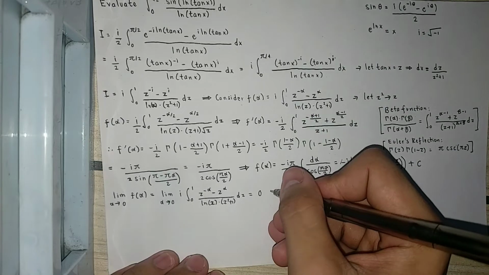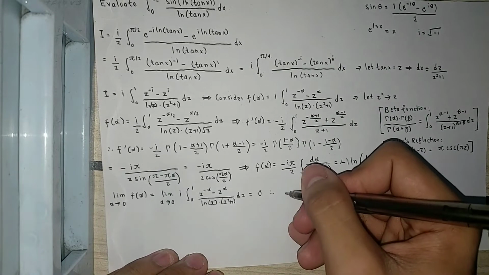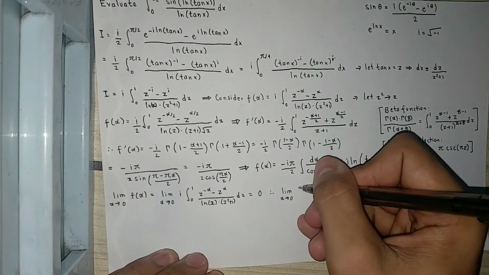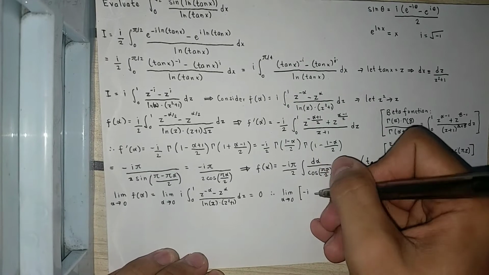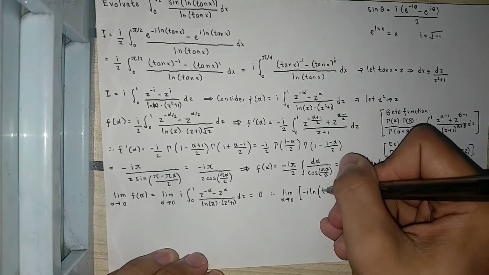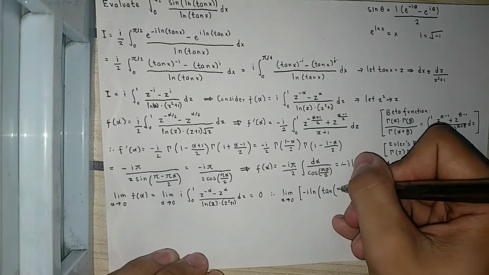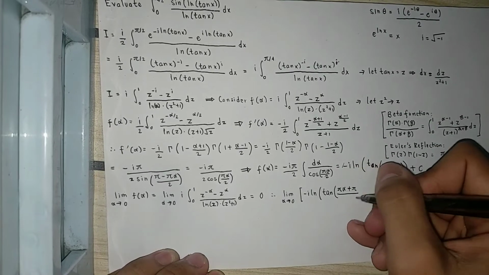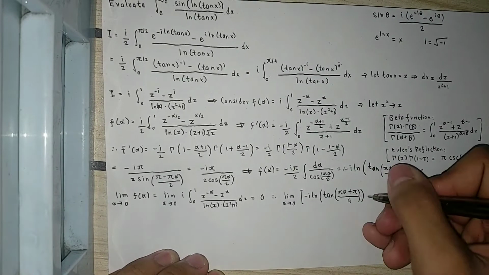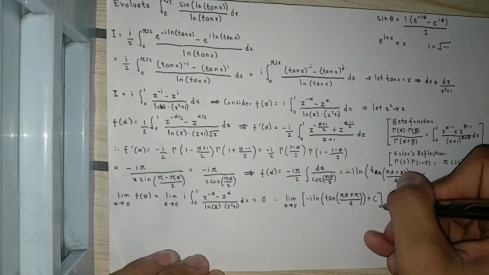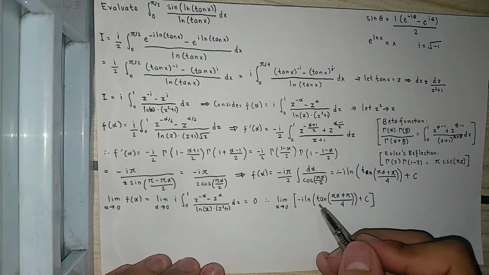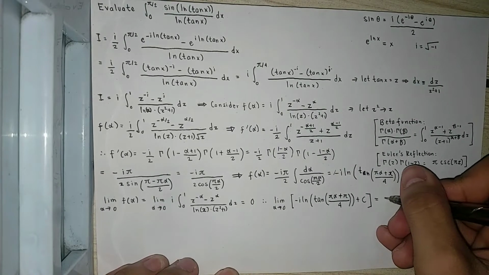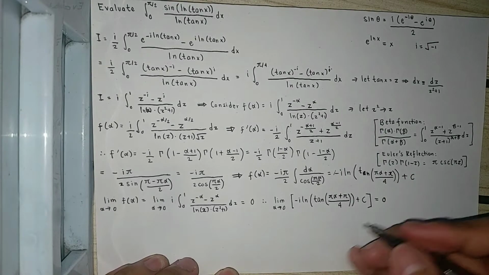So by using this, we can now get the value of this arbitrary constant. So now we have the limit as alpha approaches 0 of negative i times ln of tangent(pi alpha plus pi over 4) plus c, then taking the limit of this expression will give us 0. So we now have 0.